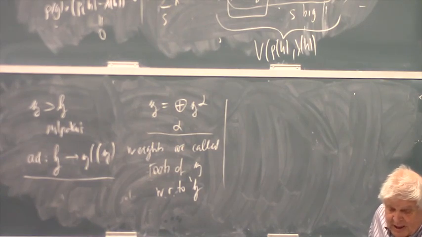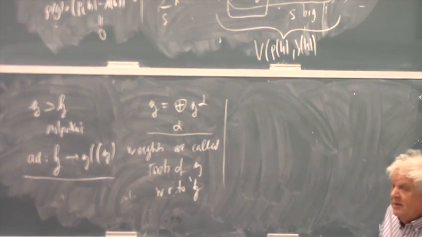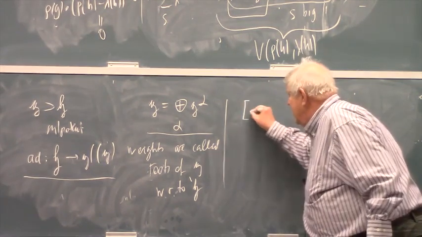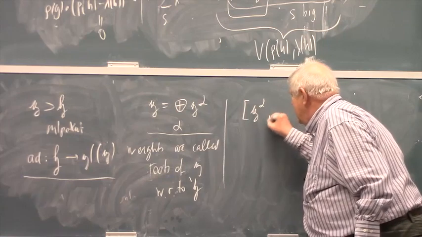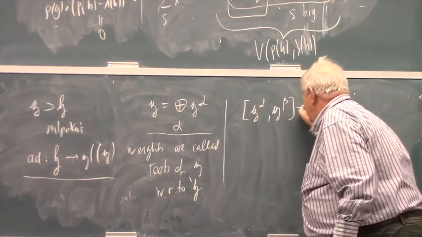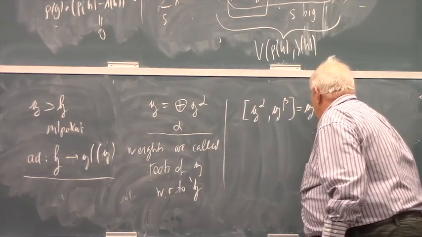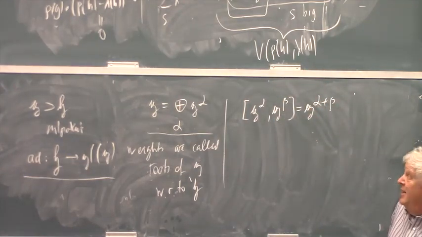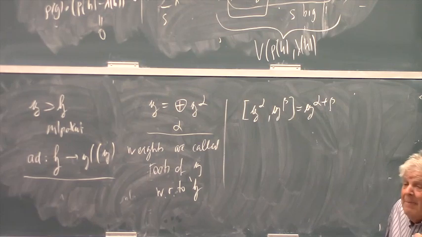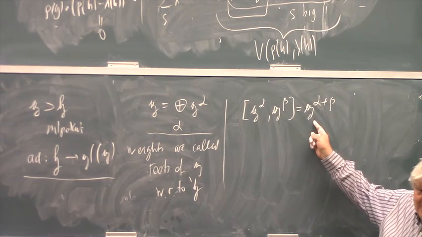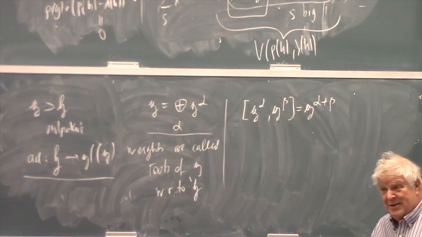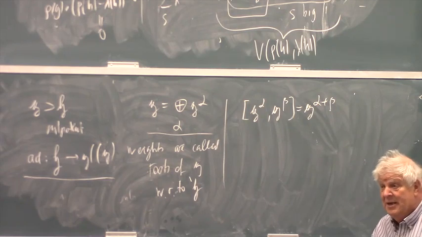And at this moment, I want to say that the following holds. Here I certainly need to say that alpha is a root, beta is a root. If alpha plus beta is not a root, then this is simply 0. So then my statement means only that these two subspaces commute.